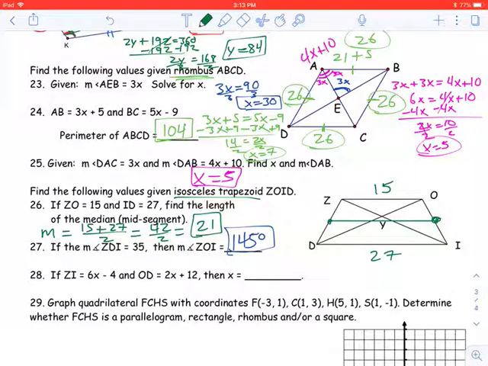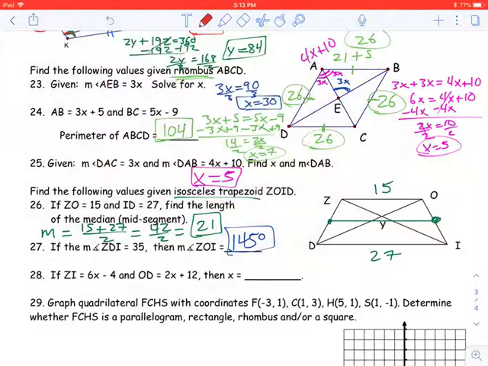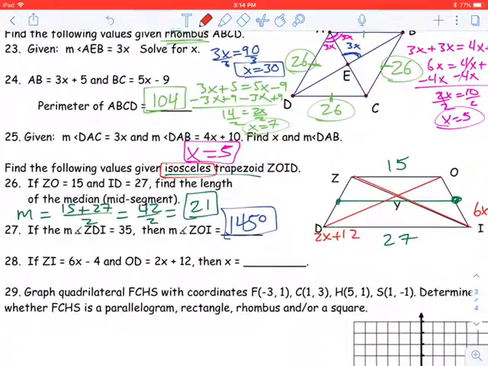So number 28, I'm using the same trapezoid. It says ZI is 6x minus 4, and OD is 2x plus 12. So if that's the case, I can set those equal because it's an isosceles trapezoid, which the diagonals being congruent is a property of that.